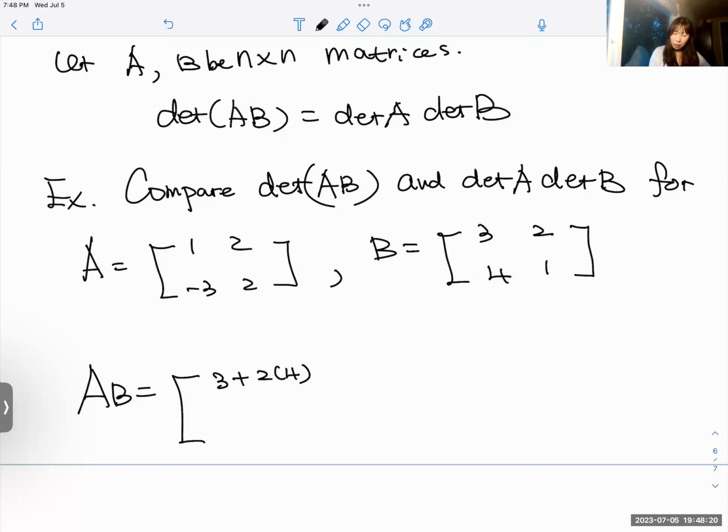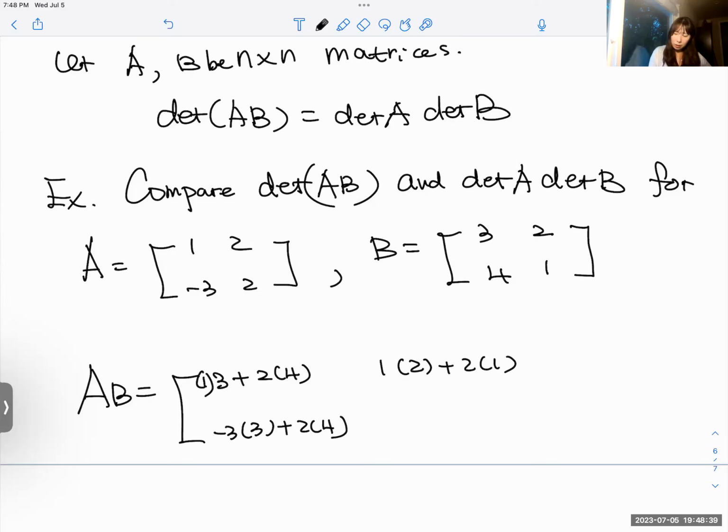And second row, first column: -3 times 3 plus 2 times 4. And then we get 1 times 2 plus 2 times 1.